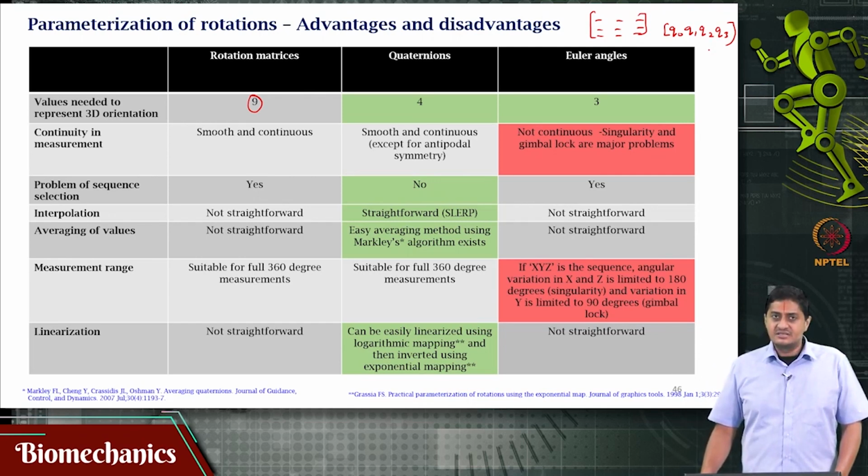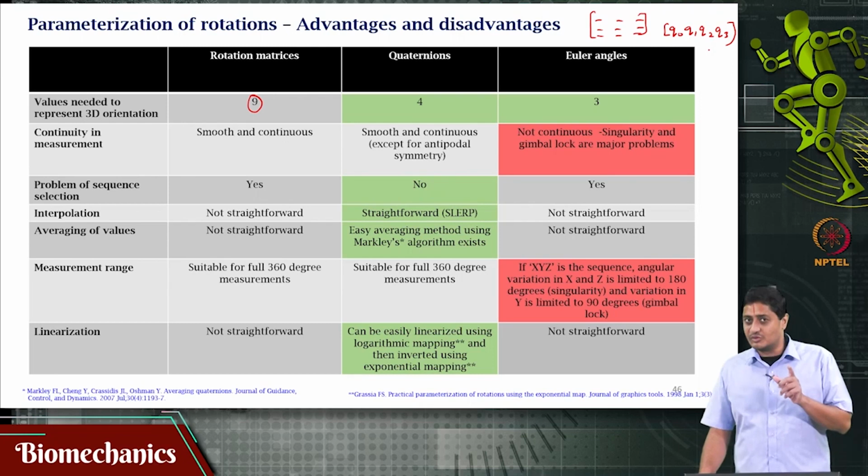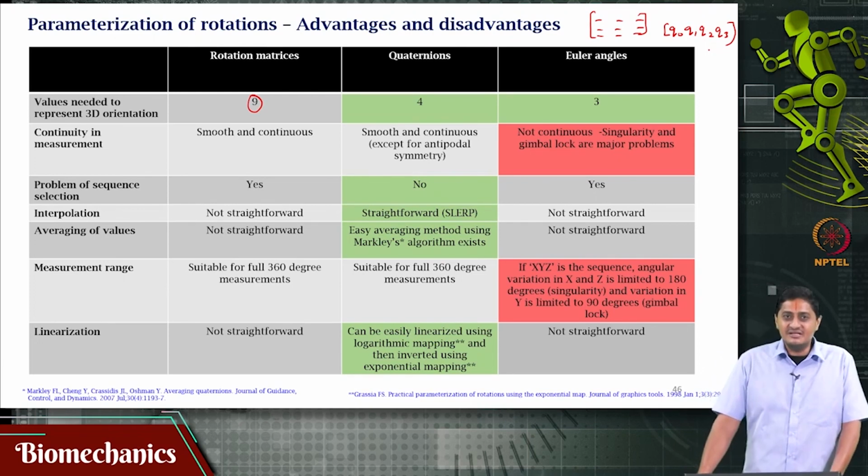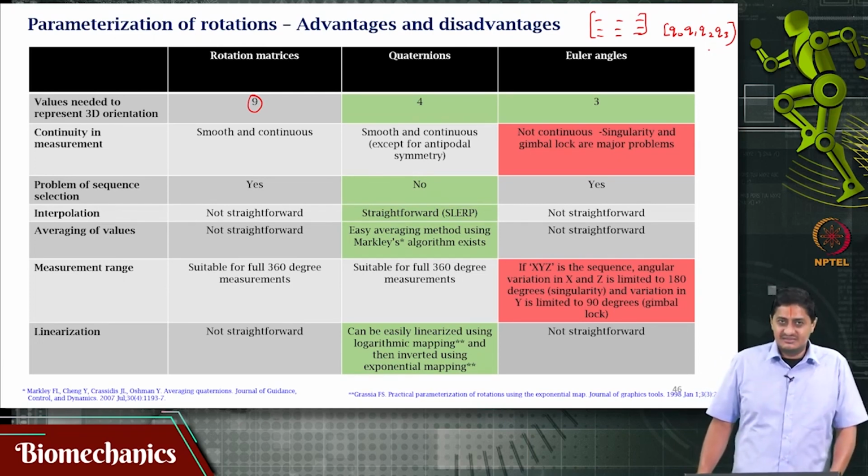In Euler angles, you just need 3 angles about the 3 principal axes. Actually you need more, you also need to have an idea of the sequence in which you are measuring. If you want to measure continuously, you actually need more, but for the measurements itself you just need 3, the angles about the 3 axes. Okay.